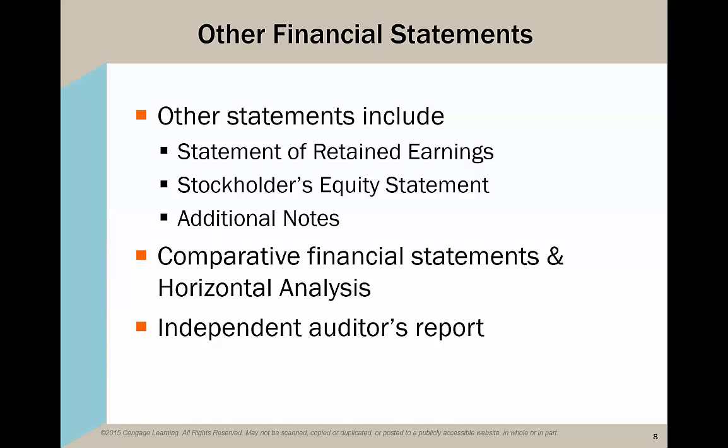Again, that is the independent auditor's report, and those results are included in the annual report sent to the stockholders and filed with the SEC. The opinion can either be unqualified, which means that yes, you did a good job with your financial statements, qualified if there were some minor issues, and then adverse if there were major problems.